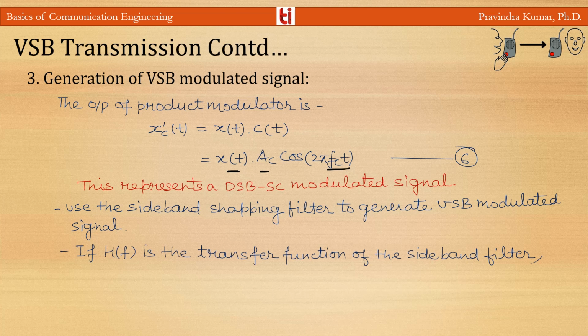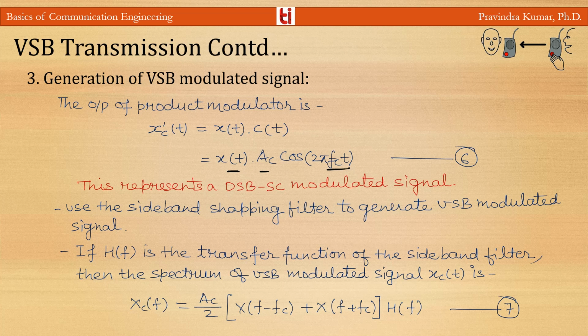If H(f) is the transfer function of the sideband filter, then the spectrum of the VSB modulated signal will be Ac/2 [X(f − fc) + X(f + fc)] H(f), where X(f) is the Fourier transform of the baseband signal x(t).